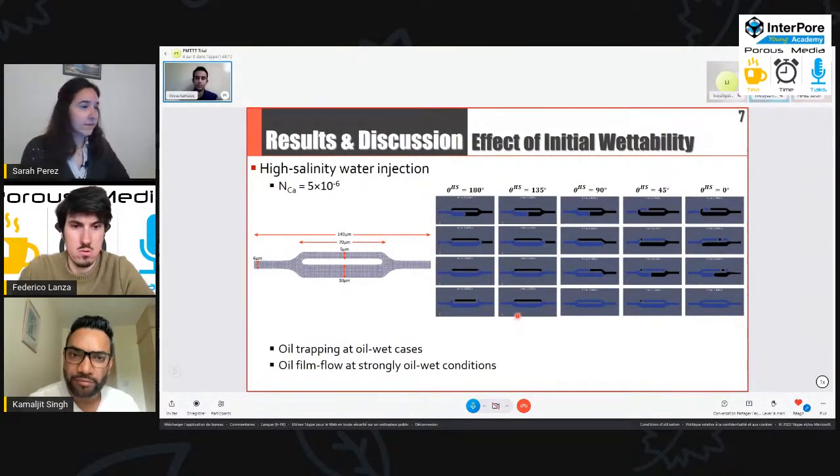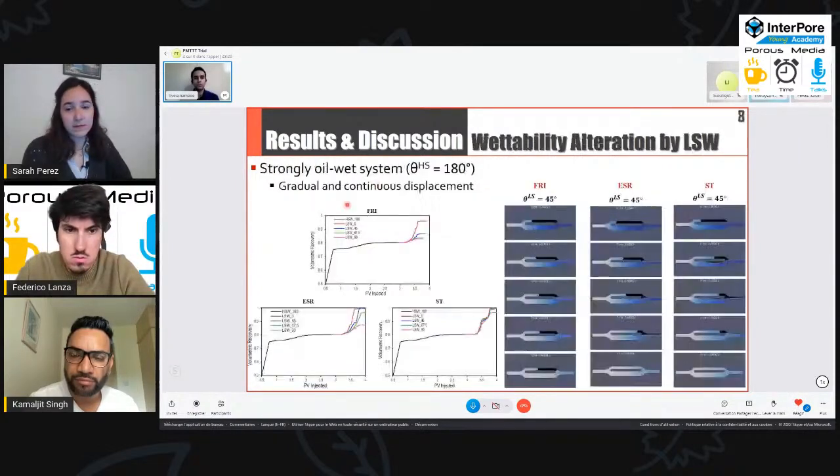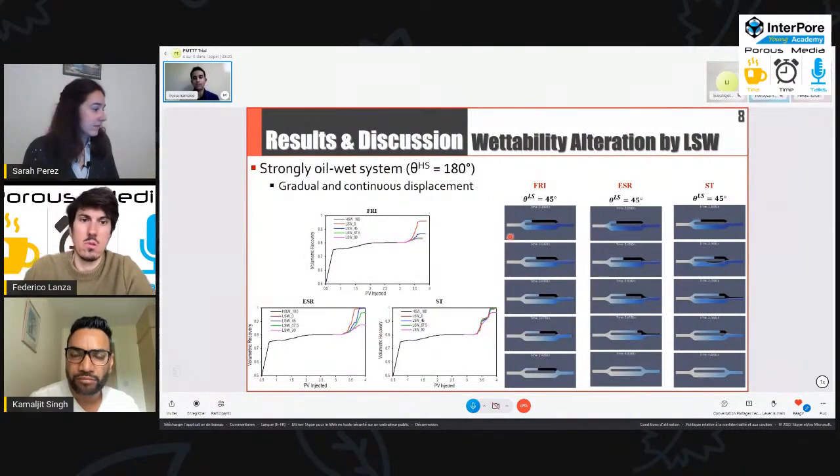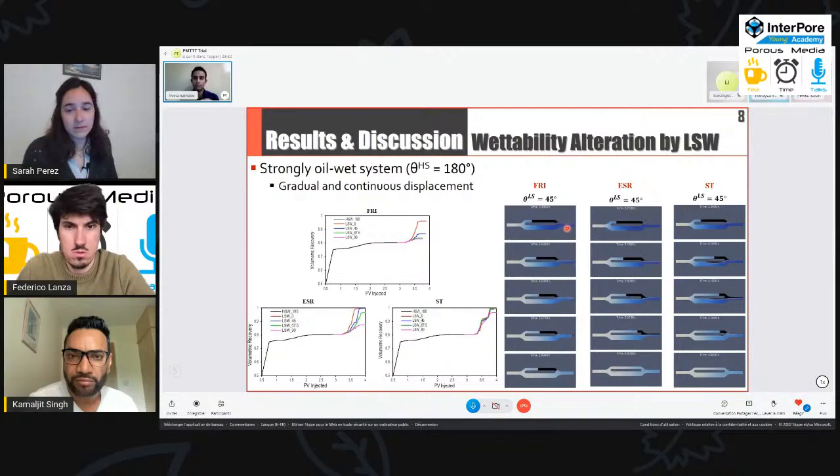As you can see, there is a different behavior when we have a strongly oil-wet system and an intermediate oil-wet system. In the strongly oil-wet system, by introducing the low salinity to the system, the capillary entry pressure starts to decrease, and we can see a formation of an oil film flow at the outlet side, and oil can gradually be produced through this oil film, and we can see a rise in the recovery because of this reduction in the capillary pressure.